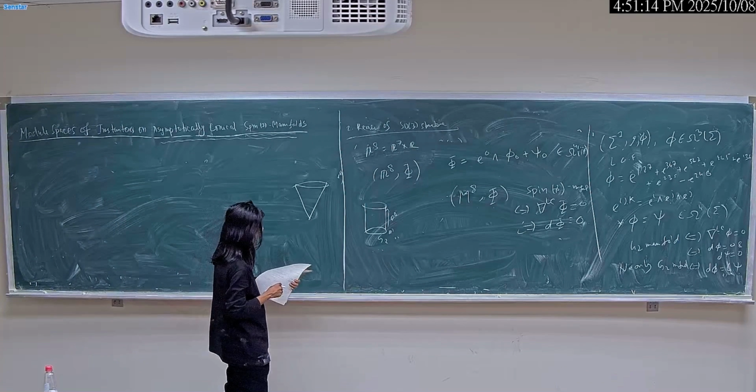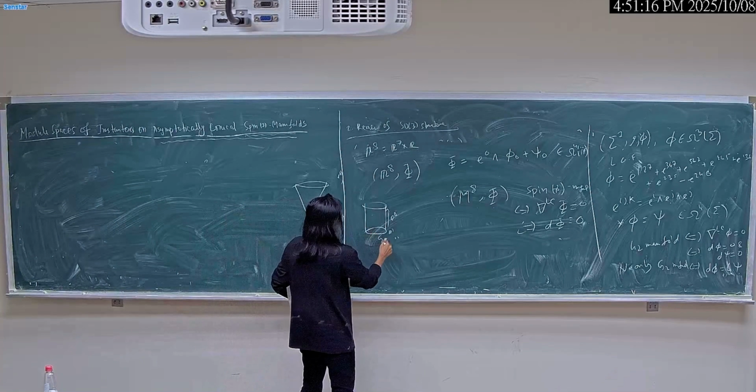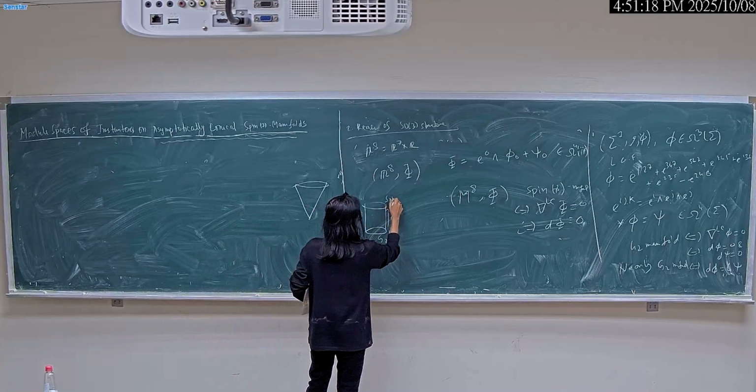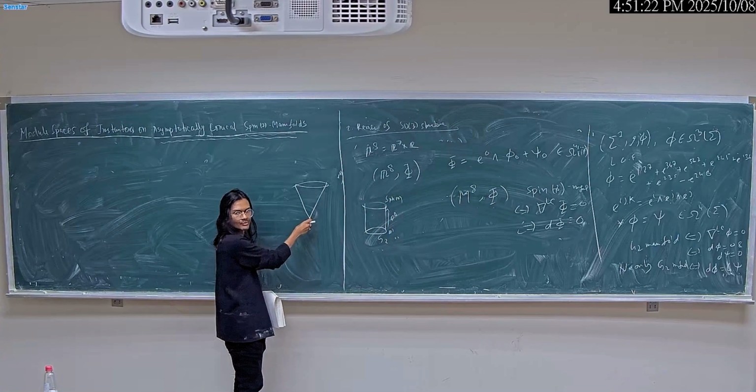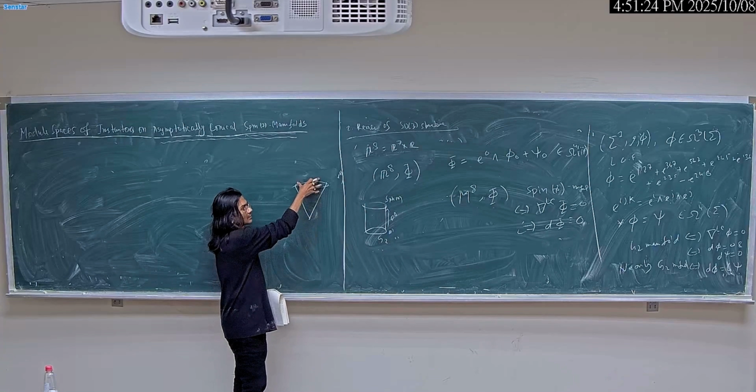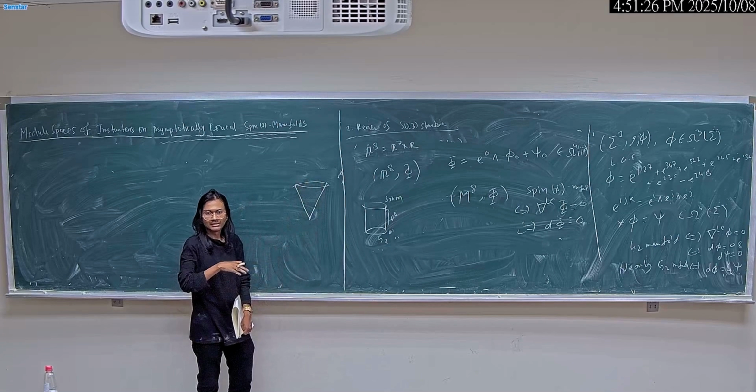What will happen there? You had G2, you got Spin(7). For a cylinder, if you start with a G2, you get Spin(7), but for the cone, the Spin(7) structure cannot be integrable.